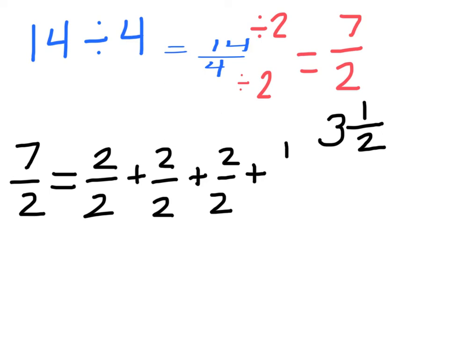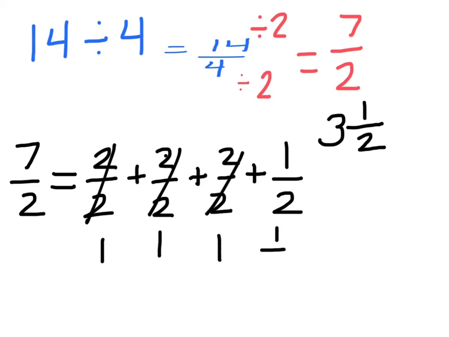And then we have 1 left over, which gives us 1/2. 2 plus 2 is 4, plus 2 is 6, plus 1 is 7. So now we can see we have 1, 2, 3, and 1/2. So 7 over 2 as a mixed number is 3 1/2. You can use whichever technique works best for your brain.